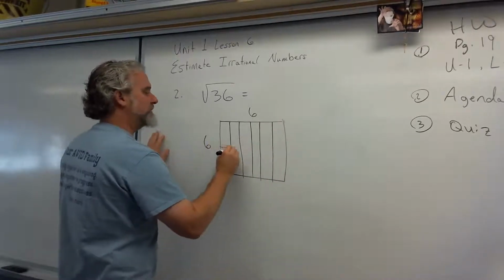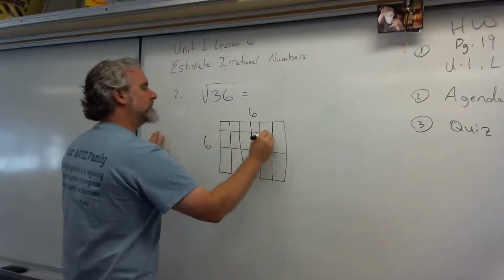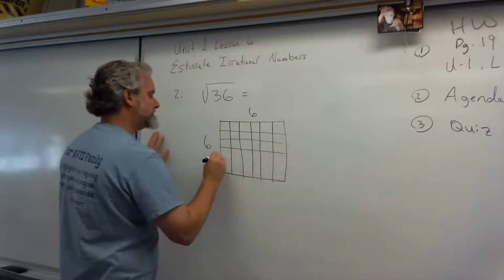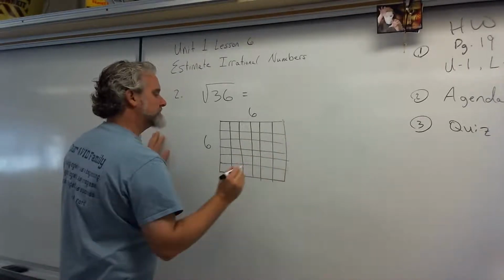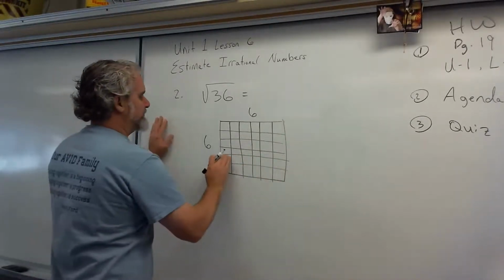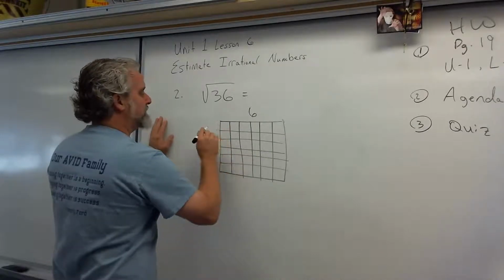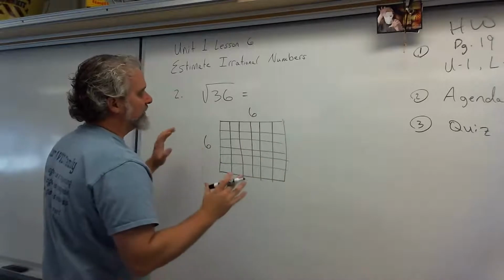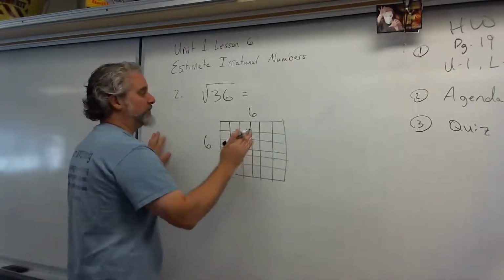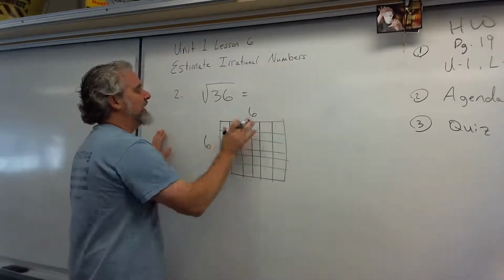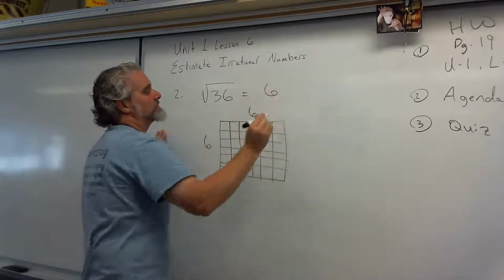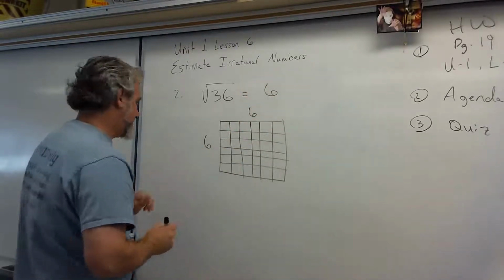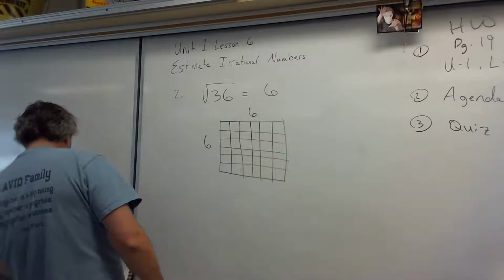And same thing on this side, going into thirds. And so now I got my 1, 2, 3, 4, 5, 6 by 1, 2, 3, 4, 5, 6. I have my 6 by 6 square, perfect square here. So both side lengths have the same measurement. So square root of 36 is 6, and there's a graphic illustration for it.